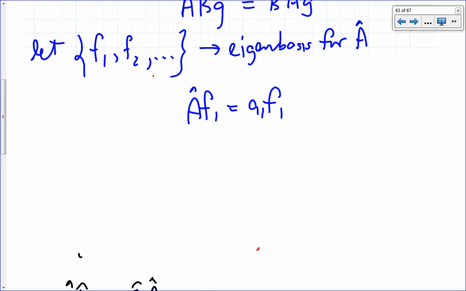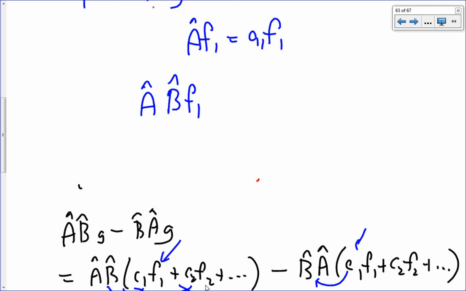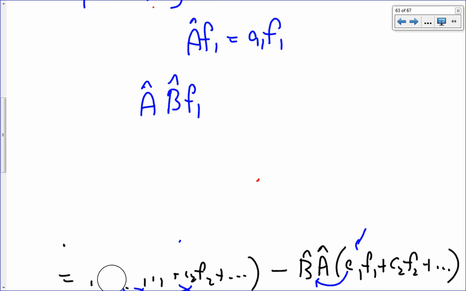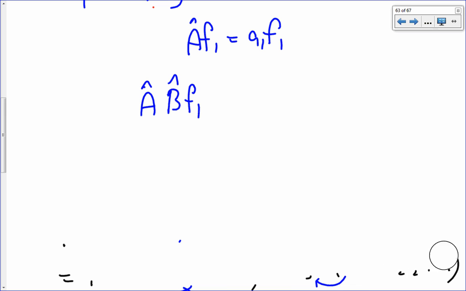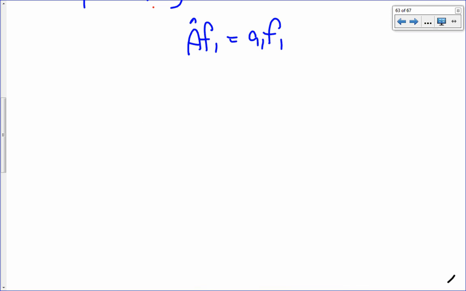So if I were to do A hat B hat F1, actually, let me do B hat A hat F1. What are we trying to prove?